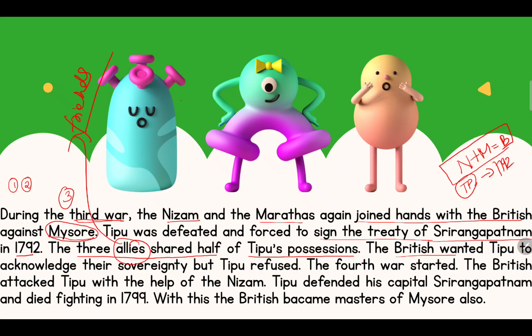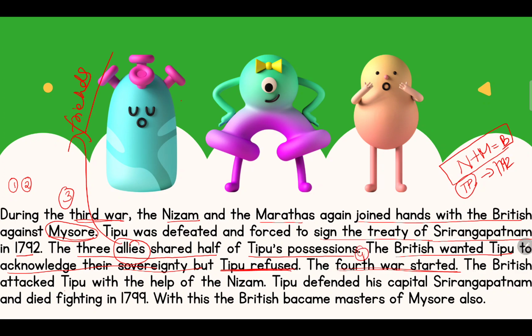The British wanted Tipu to acknowledge their sovereignty, but Tipu refused. Means British wanted Tipu Sultan to bow down to them, but Tipu Sultan refused it, and the fourth war started.